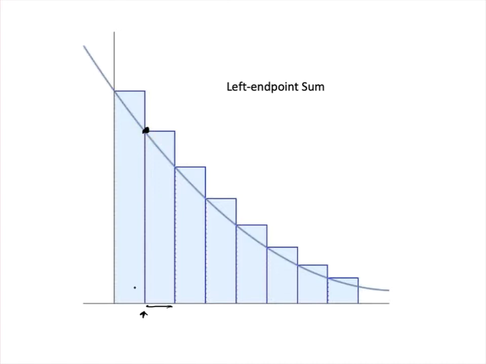You plug this x into the function to get the height. And the widths are again equal, and they are delta x. You can calculate it by dividing the total length from left to right by 8 in this case, because there are 8 rectangles.